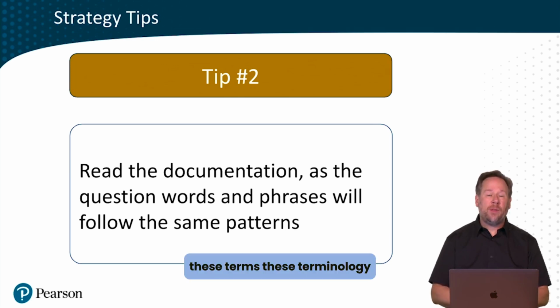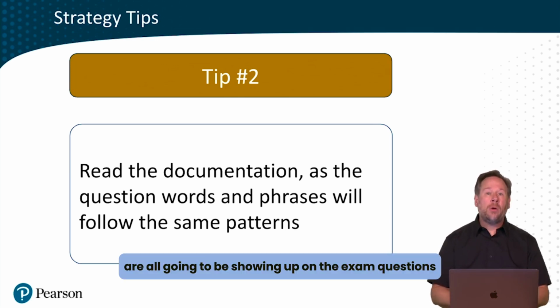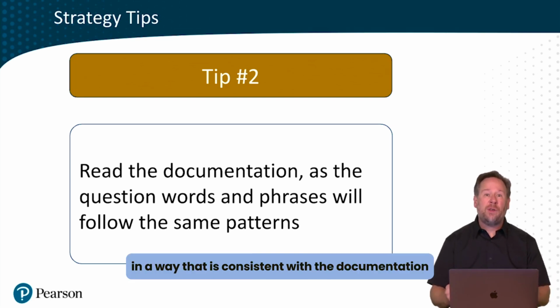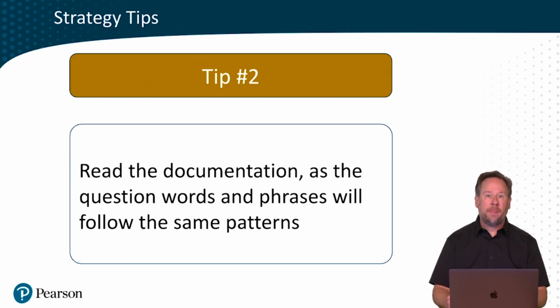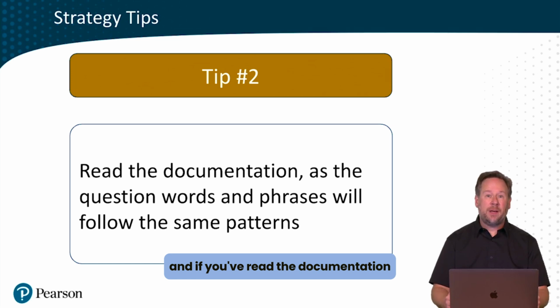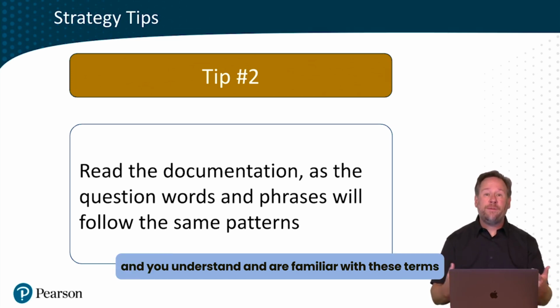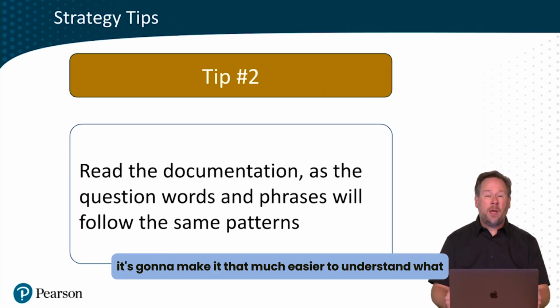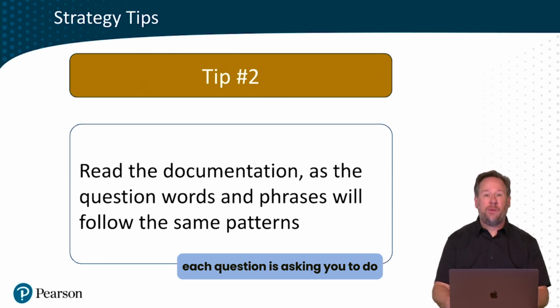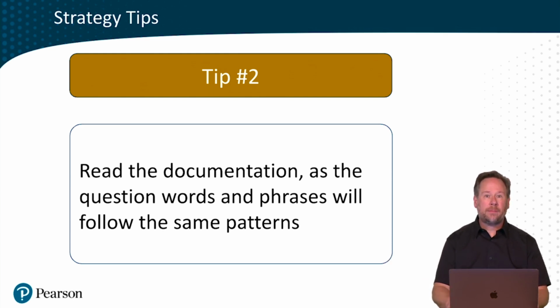This terminology is all going to be showing up in the exam question scenarios in a way that is consistent with the documentation. And if you've read the documentation and you are familiar with these terms, it's going to make it that much easier to understand what each question is asking you to do.